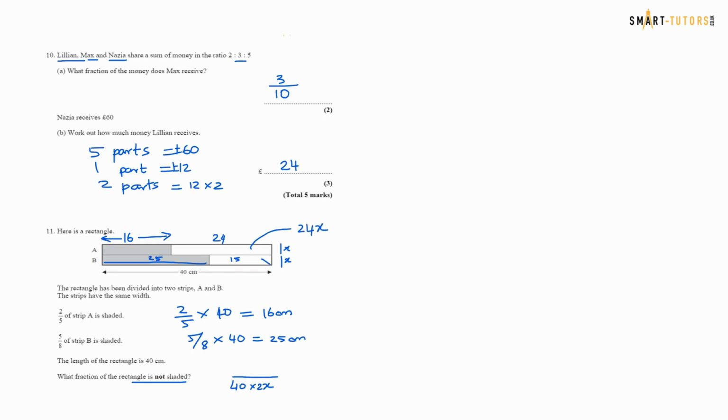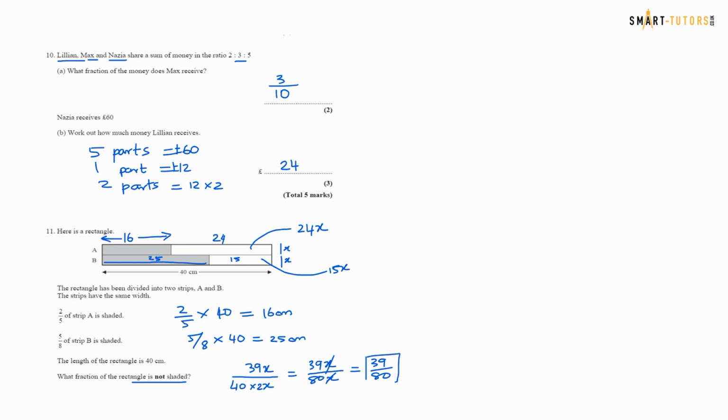Then this one, 15 times x is 15x. So 24, 34, 39x is not shaded. So if I put this as a 39x over 80x, the x and x cancel. So the answer is 39 over 80.